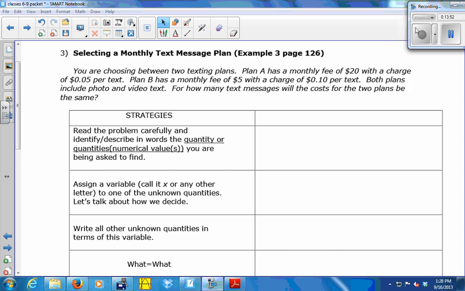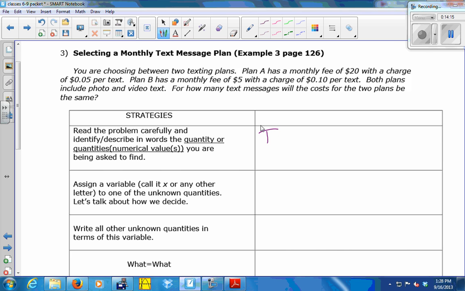Okay, let's discuss. So, strategy. Read the problem carefully and identify the quantity or quantities you're being asked to find. So what quantity are we being asked to find? A certain number of text messages. The magic number that will make the two costs the same, right? So it won't matter which plan we choose.